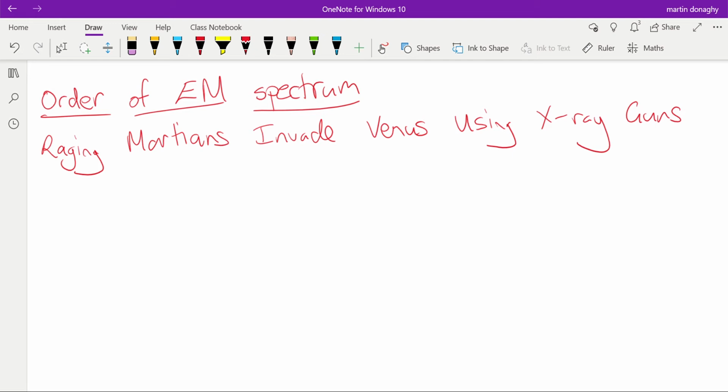So this is a little mnemonic to help you remember the order of them. So we have raging Martians invade Venus using X-ray guns.